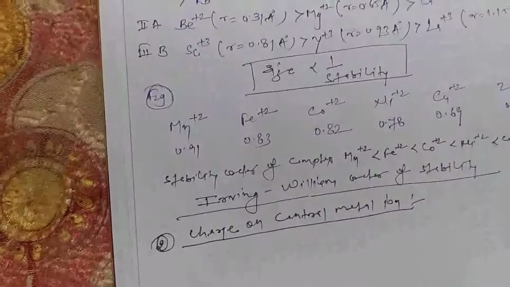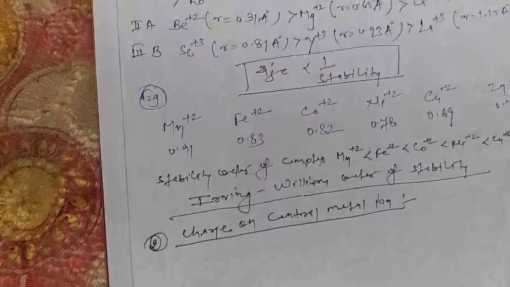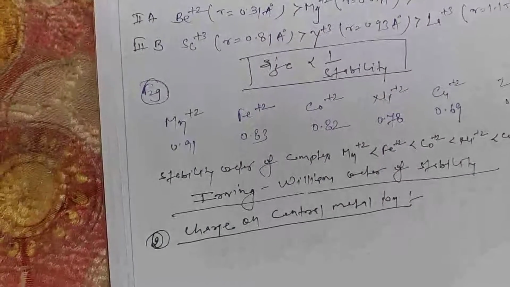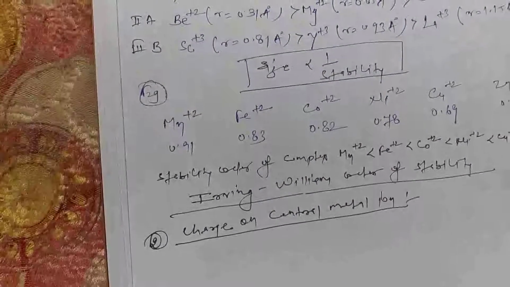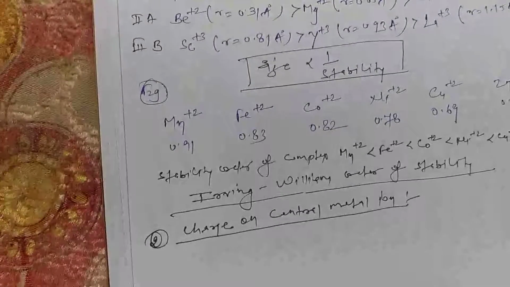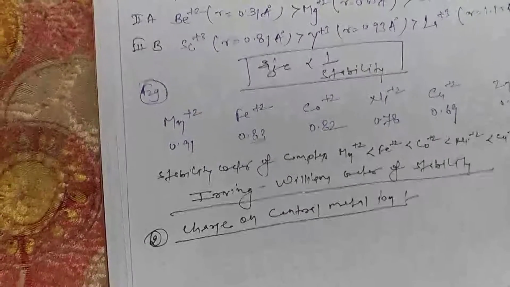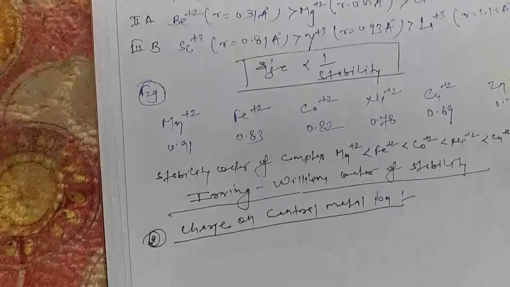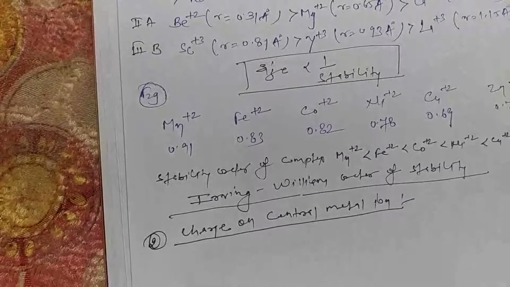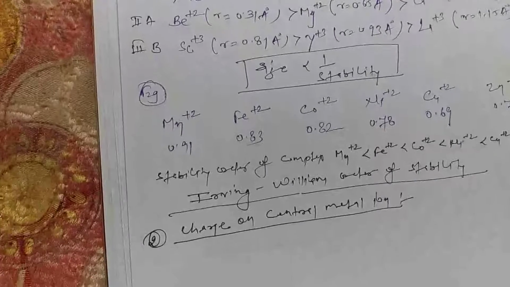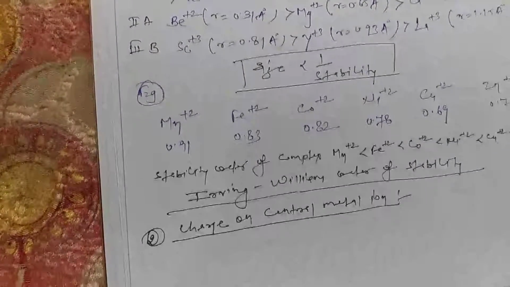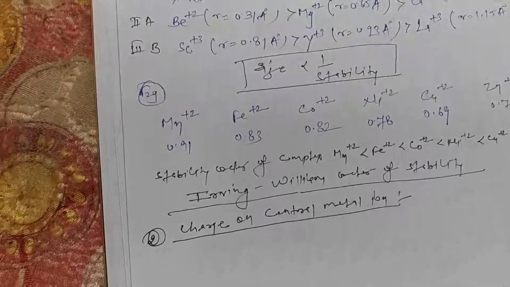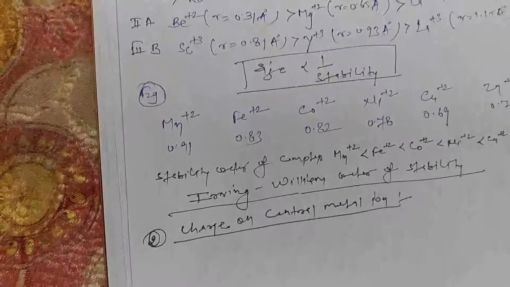Here we are talking about different charges. We can say that the stability of the complex, for metal ions having the same size but different charge, will decrease with the decrease of the charge. That means if there is higher charge, it will show greater stability. Got it?